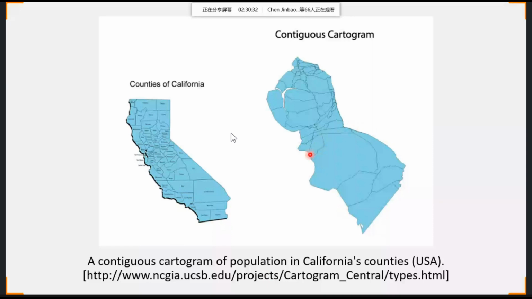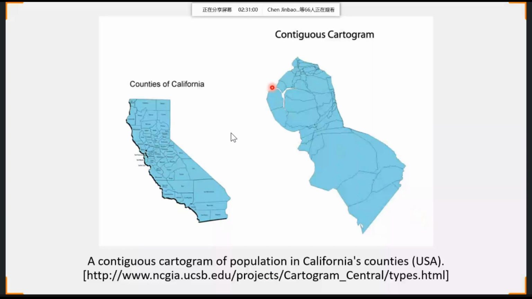So this is Los Angeles now, because this is proportional to the population. And there are other areas that are relatively large here, but not so many people live there because it's a desert area. For example, that area here, I don't know the county's name, but it's quite small here, just this little area.